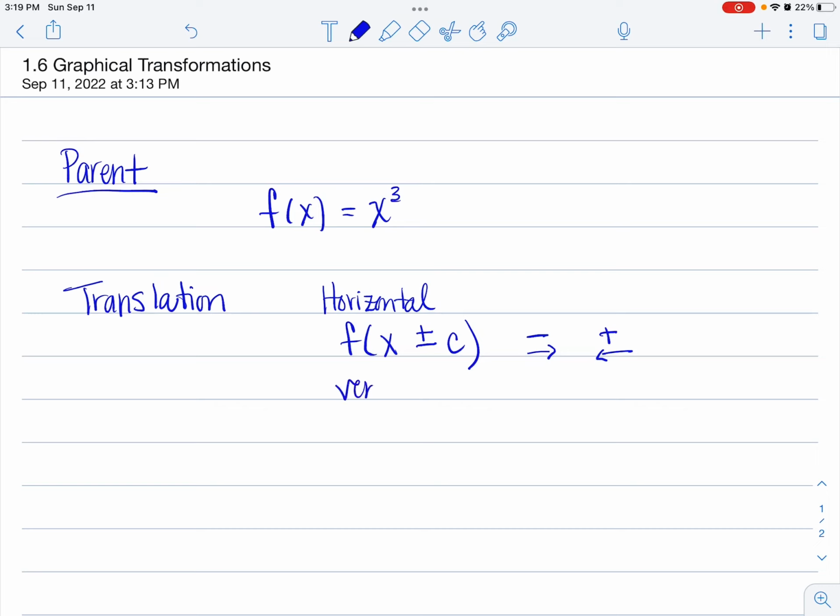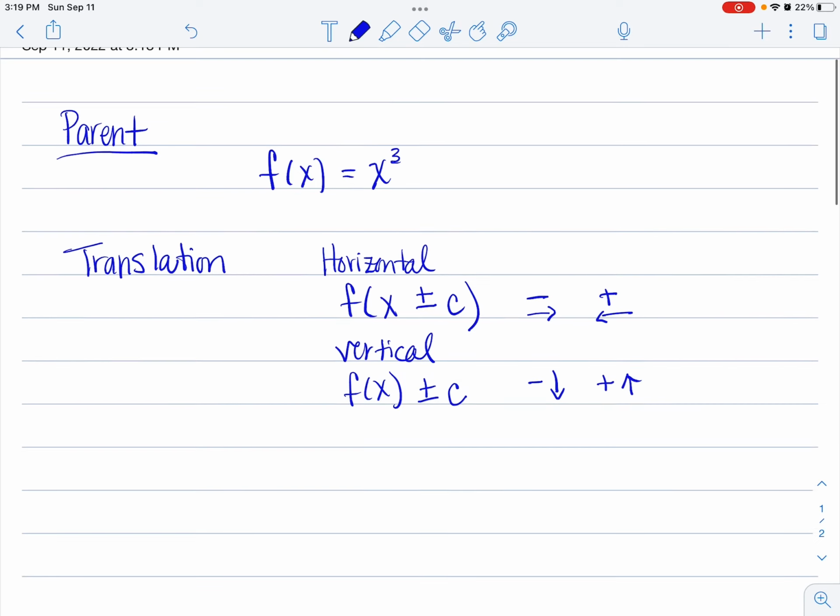The vertical movement, however, is whenever you're shifting it up or down. But this time, you're going to add or subtract the number to the entire function itself. So you're going to add or subtract, and this time it kind of makes sense. The minus would be down, and the plus would be an up movement.